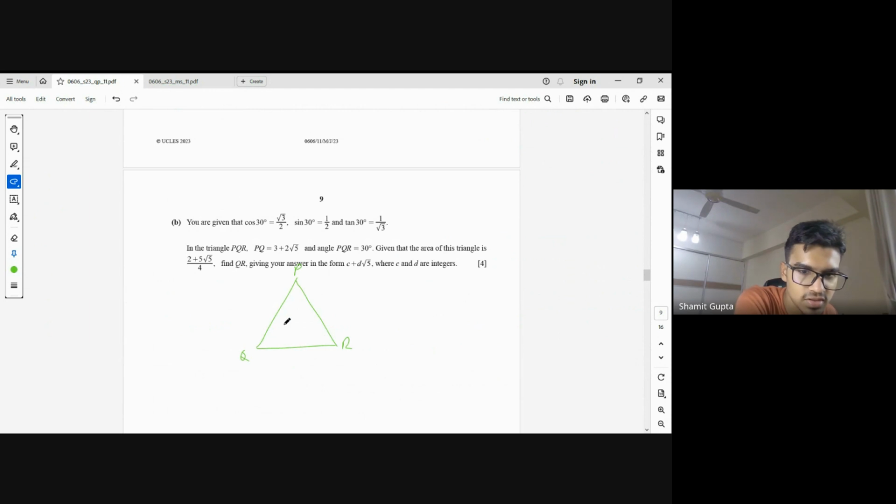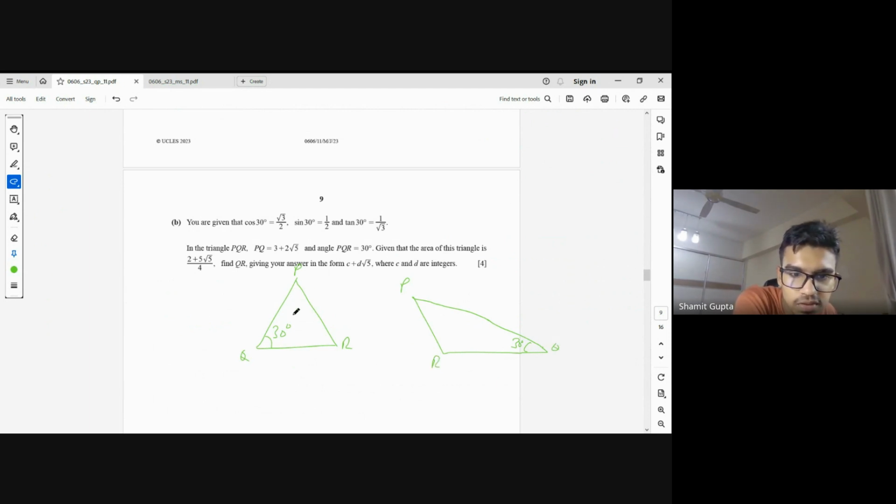This is not isosceles, this is a random triangle. 30 degrees. It could have been acute also, you never know. It could have been like this also. But I don't think that's necessary to solve the question. I'll show you both ways.